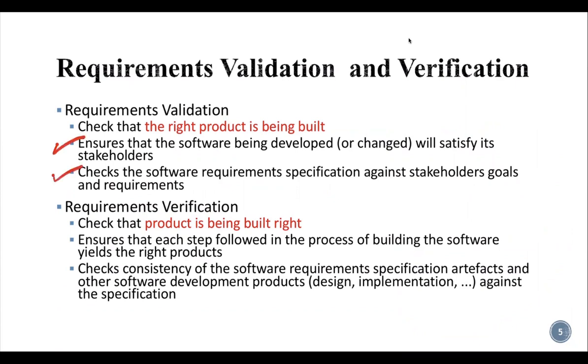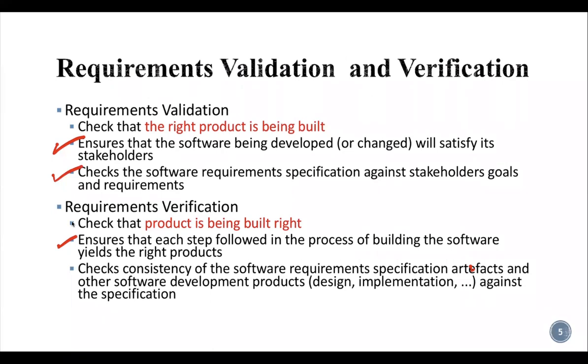On the other hand, verification is all about ensuring that each step forward in the process of building the software will actually yield the right product. That means we have to check the consistency of all the software specification artifacts and other software development products against the given specification. This is the main difference between verification and validation.